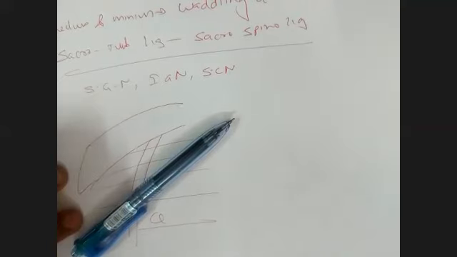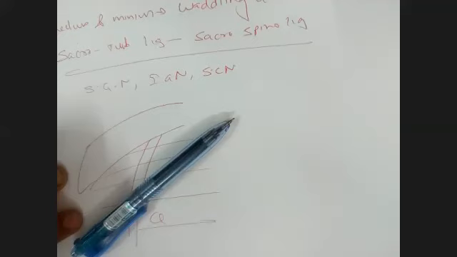So we need to understand that the sciatic nerve is also a very important component of this gluteal region, and it comes below the piriformis and passes over the superior gemellus, obturator internus, inferior gemellus, and quadratus femoris, and that's how it goes on.